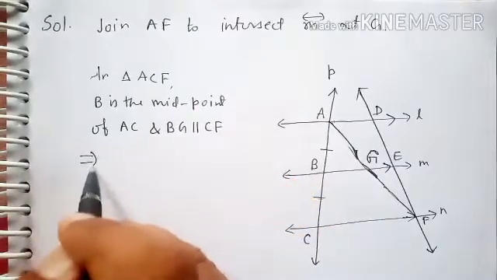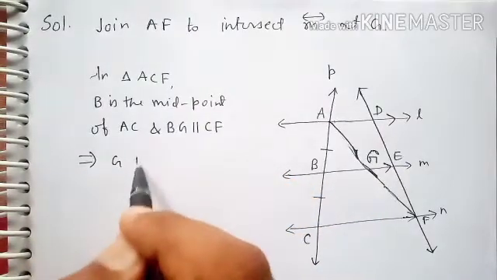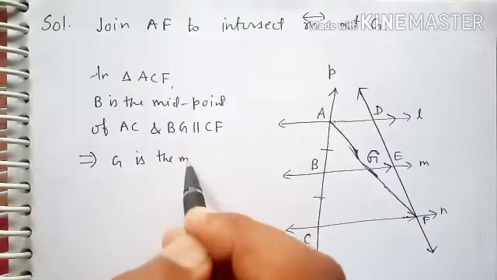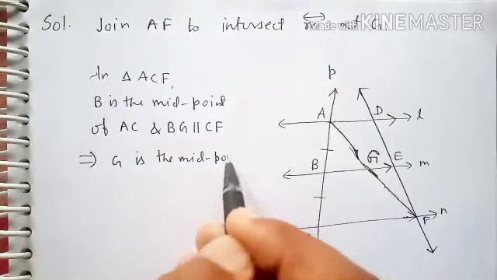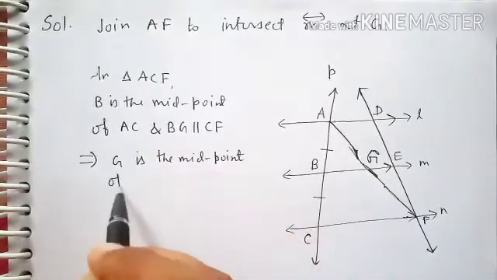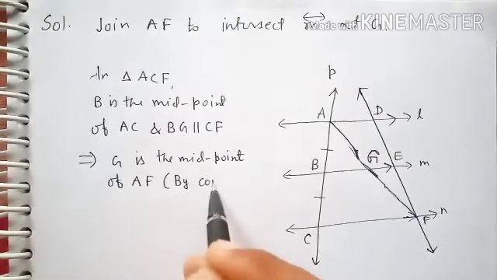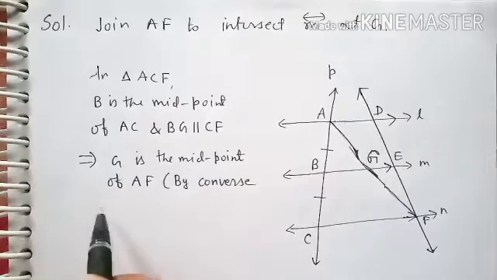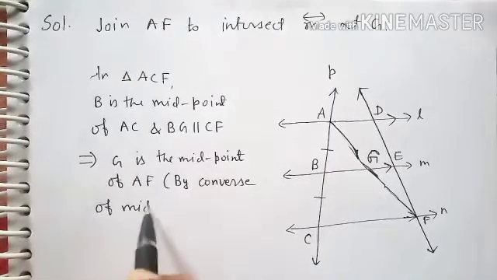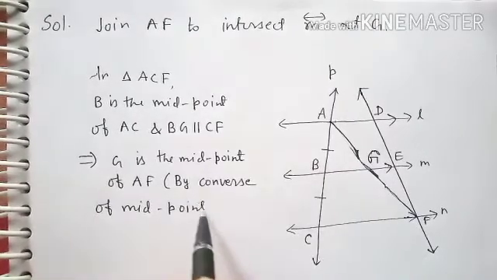This implies G is the midpoint of AF by converse of midpoint theorem.